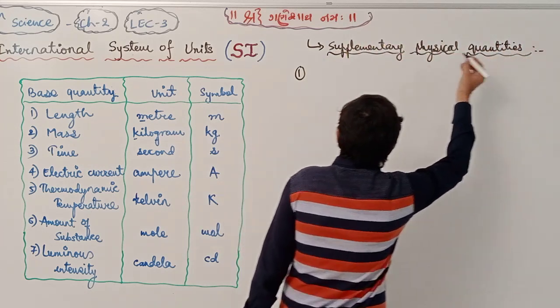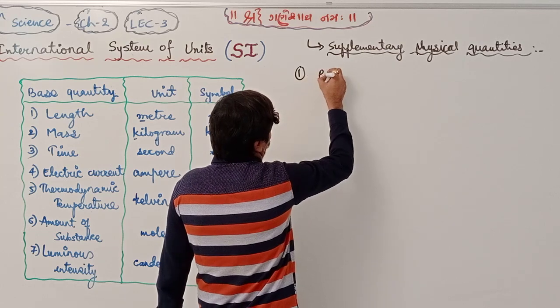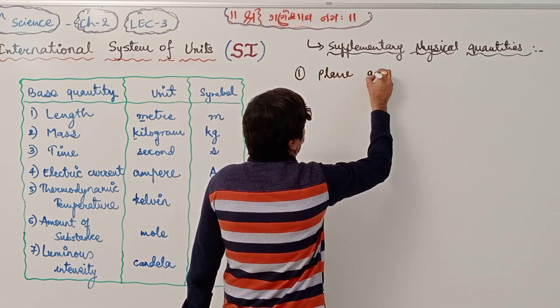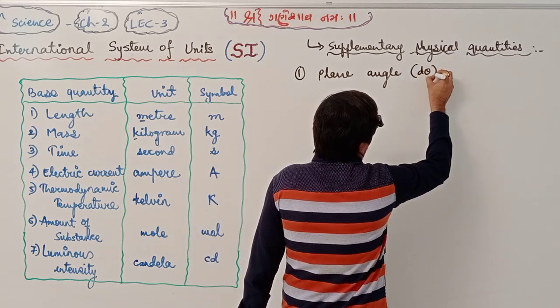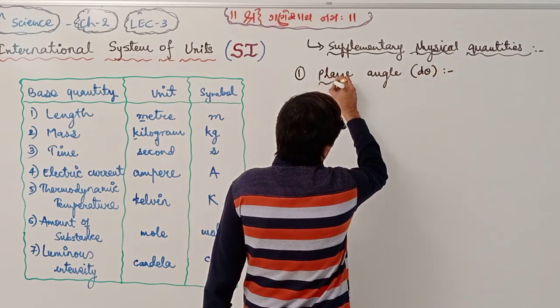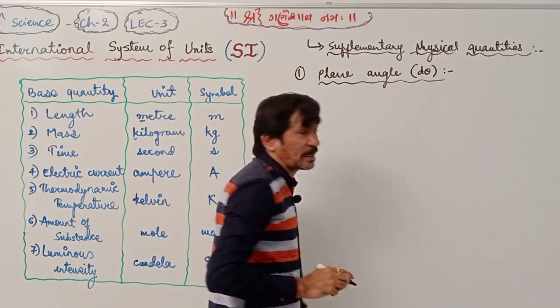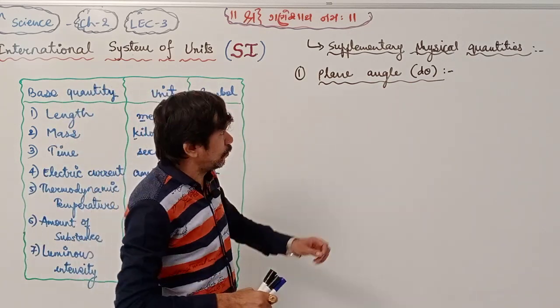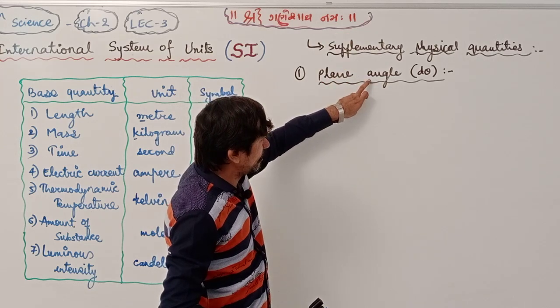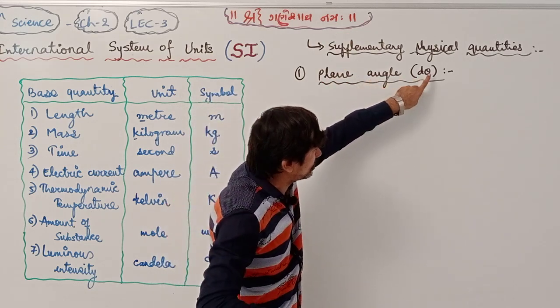Supplementary physical quantities are: number 1, plane angle. Symbol of this physical quantity is d theta. As you know, angle is denoted by the symbol theta.